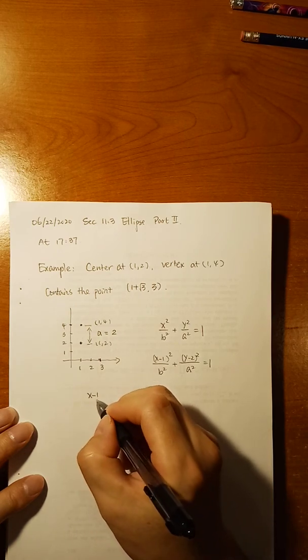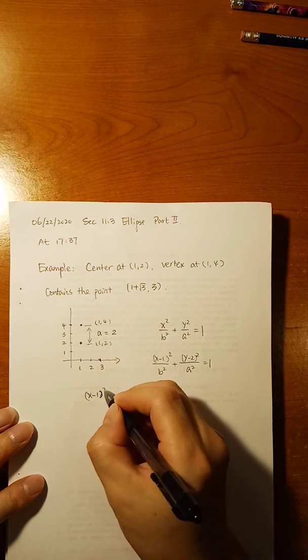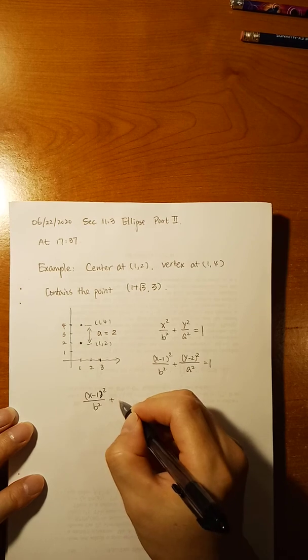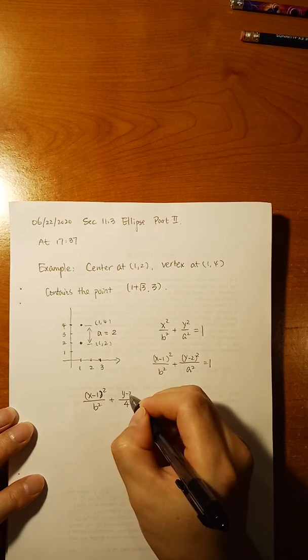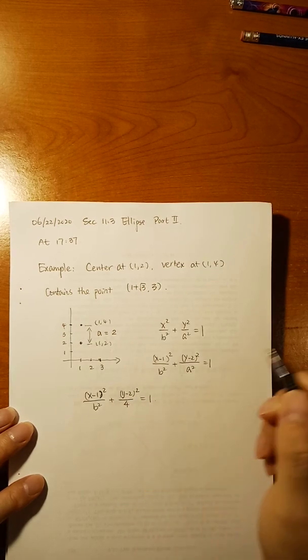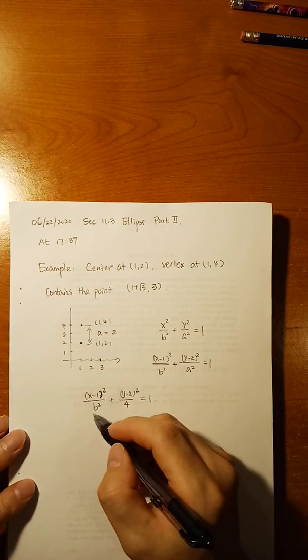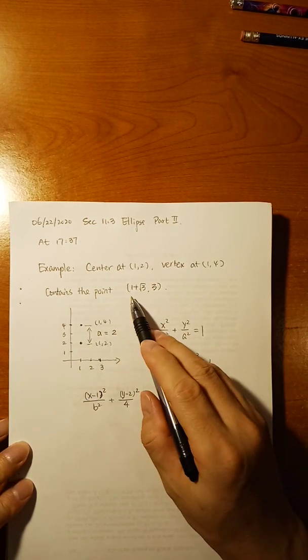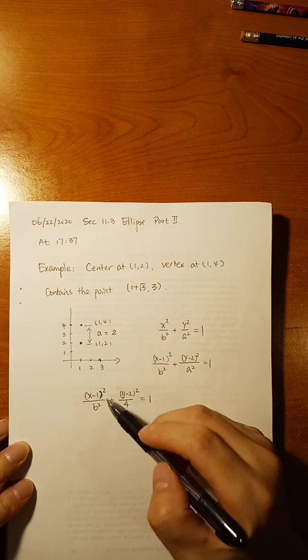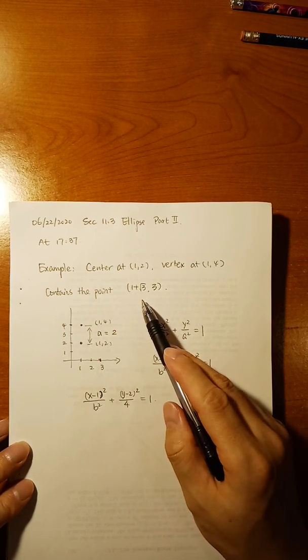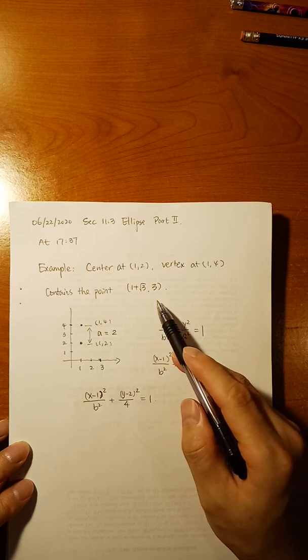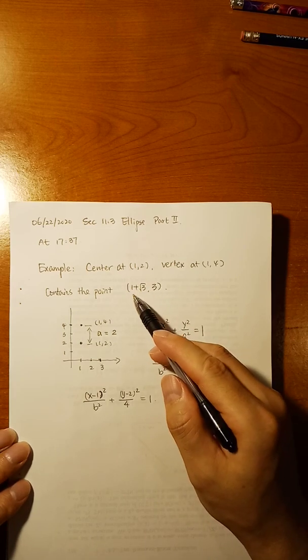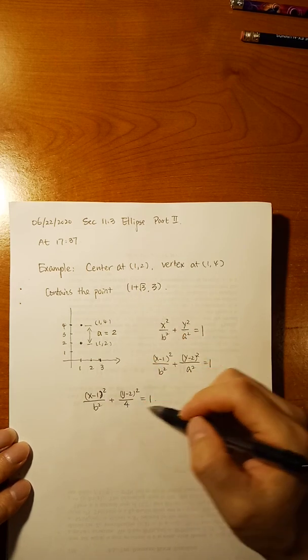So we get x minus 1 squared over b squared plus y minus 2 squared over 4 is equal to 1. Okay, so if we can determine the value of b squared, we are finished. And now we use the third condition. This ellipse contains the point 1 plus root 3, comma 3. So it means the coordinates of this point satisfy the equation.